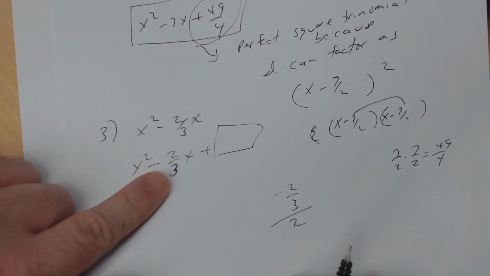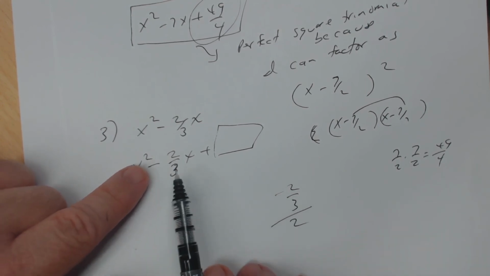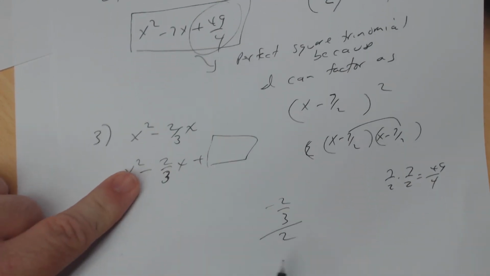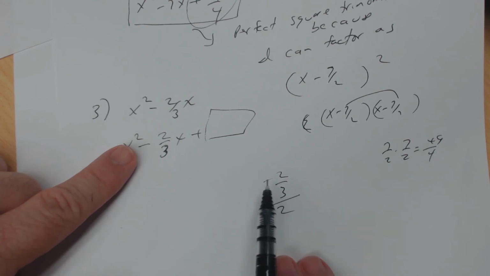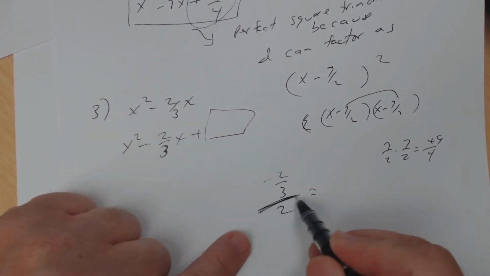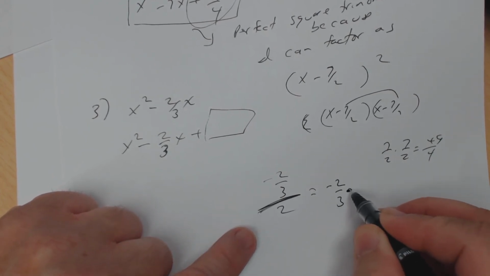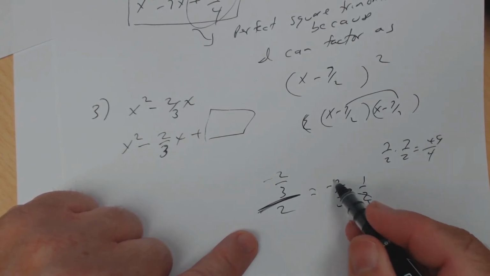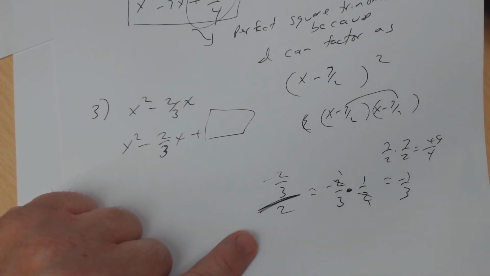This is a little more challenging because b is a fraction. But remember how you divided fractions in a previous course. You change division to multiplication, so that becomes negative 2/3 times the reciprocal of 2, which is a half, and then reduce, and you get negative 1/3.